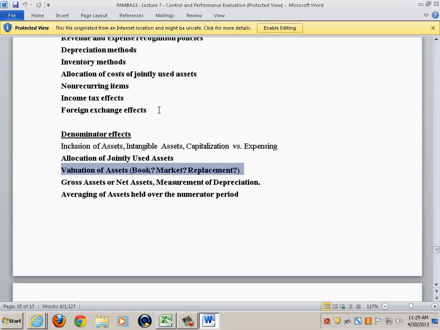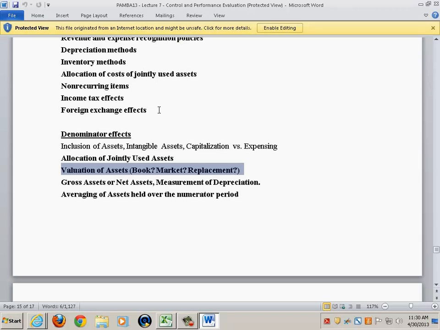Or it can be the replacement cost of those assets, or it could be the liquidation value of these assets. What will be the value of the assets if you liquidate them? Or it could be the market value of those assets. What is the market value of those assets in the market at this point?